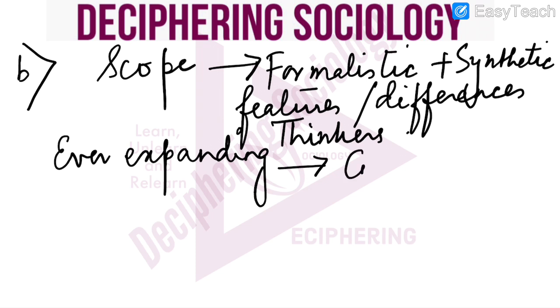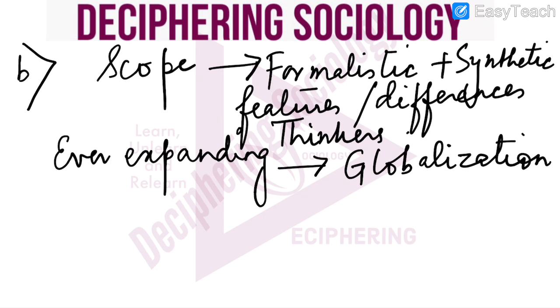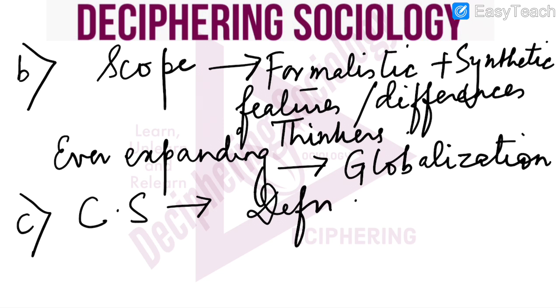There are many factors. One of them is globalization. Then we have common sense. Is sociology common sense? So here you need to know the definition. You need to know the similarities.